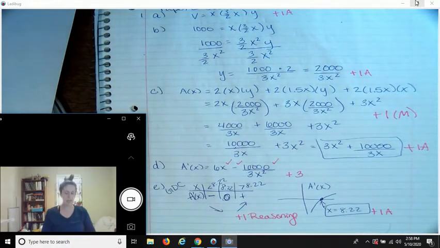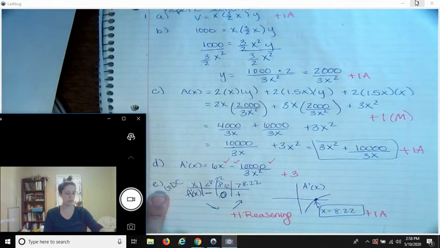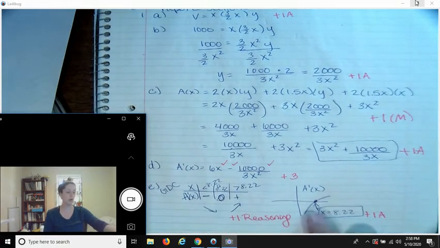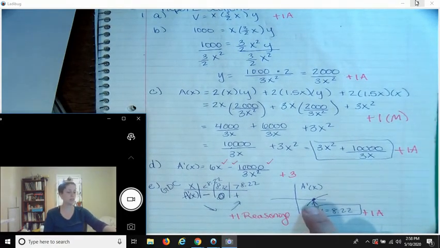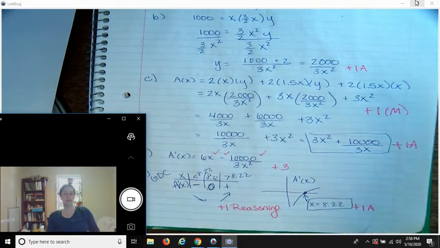On the PDF, I put +1 must check to make sure min. That means you have to check that you do have a minimum. You can just write that you used your graphic display calculator and show this table or diagram and explain that because these values are below the x-axis, we go down and then we go up on the original function.